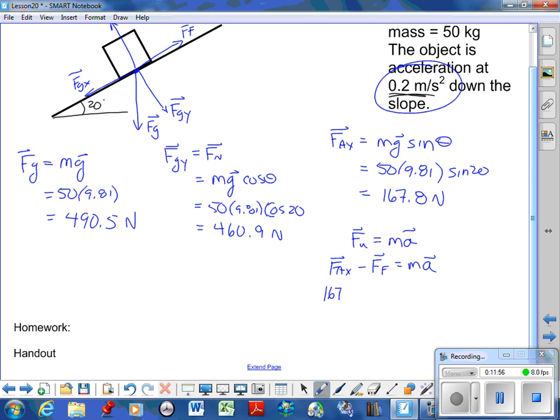It's the 167.8 minus the force due to friction. Mass of the object is 50, acceleration is 0.2. So we only have one unknown here. So we have 167.8 minus the force due to friction, and 50 times the 0.2 is 10. So rearranging, we find our force due to friction is equal to 157.8 newtons.